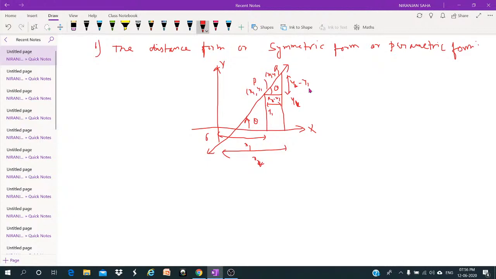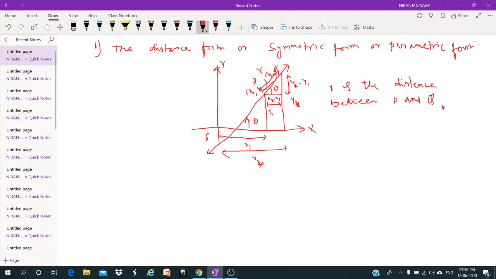Here we are taking the distance between P and Q as r. The distance between P and Q is r.